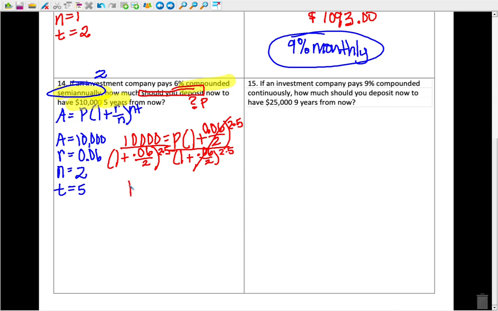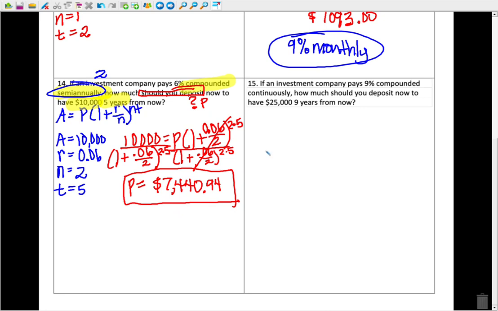When you do so, it will solve for the principal for you. And I got an answer of $7,440.94. So what this is telling you is that you need to invest $7,440 to have 10,000 in 5 years.